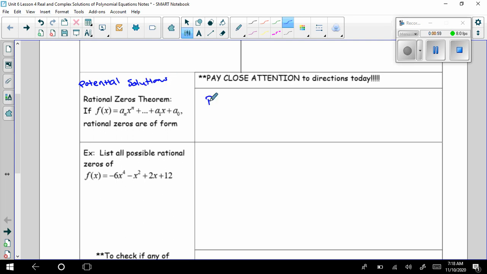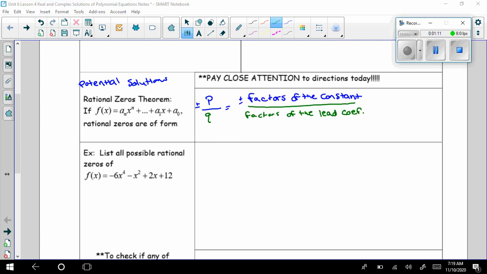And it lists plus or minus P over Q, where P is the factors of the constant, and Q is the factors of the lead coefficient.